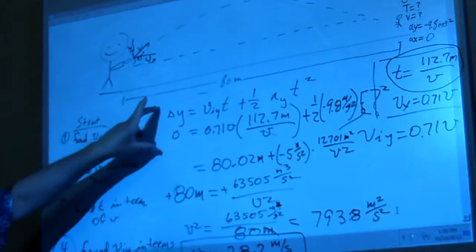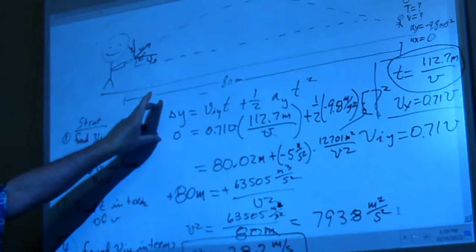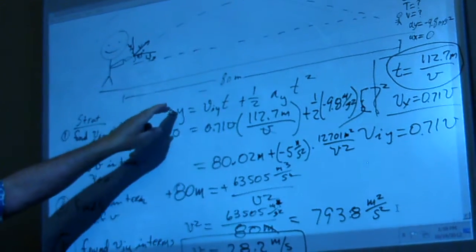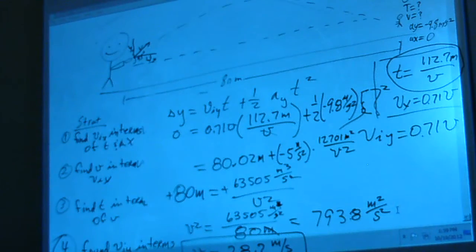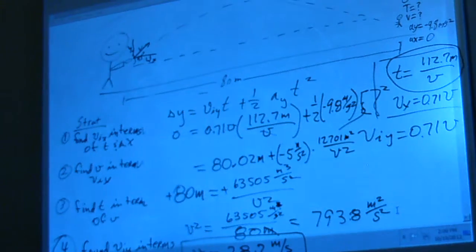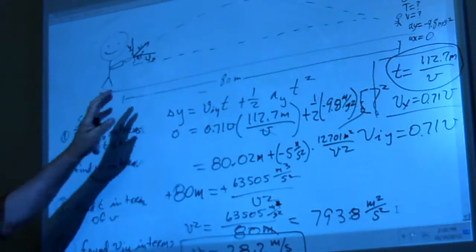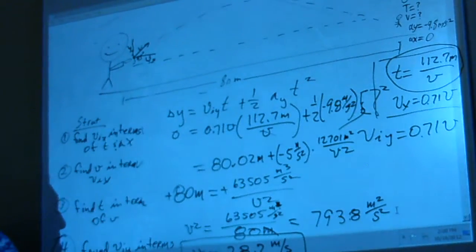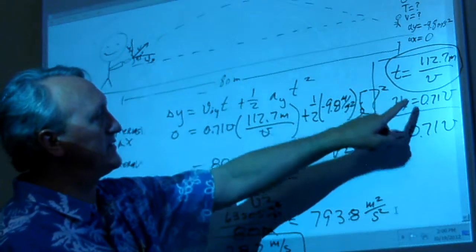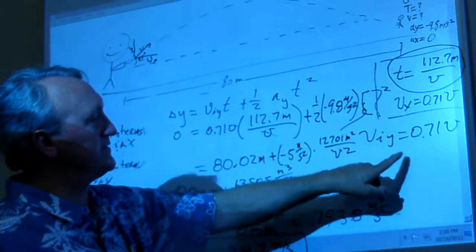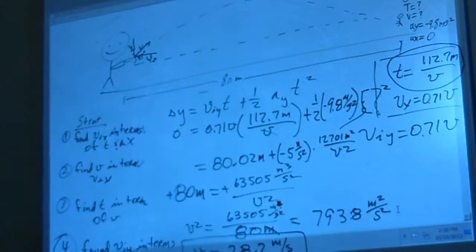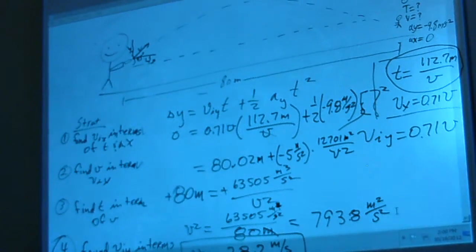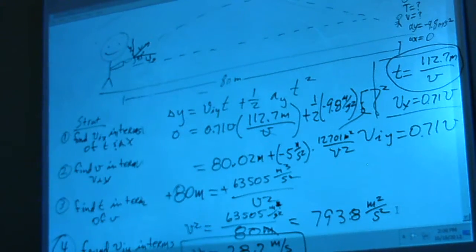In this equation, the only thing in there was V, so we could solve for V. We got time in terms of V, V_x in terms of V, V_iy in terms of V, and then you plug it in there, and all you have to solve for is V. Make sense?